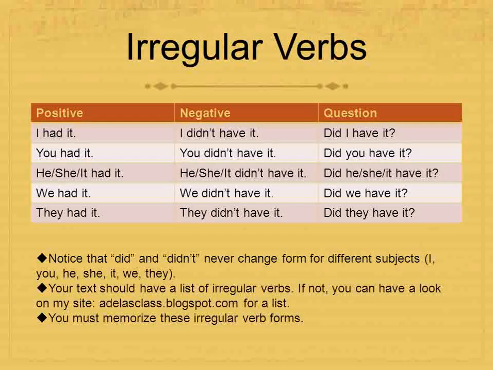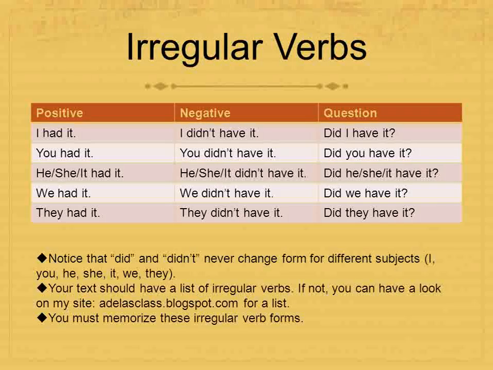Okay, same for the question. Did I, did you, did he, did she, did we, did they? So that's kind of nice. You don't have to think about the subject and change the verb, which is what we're used to doing actually in English.